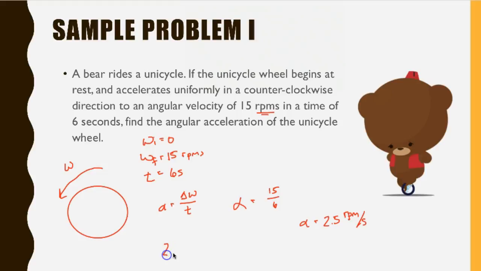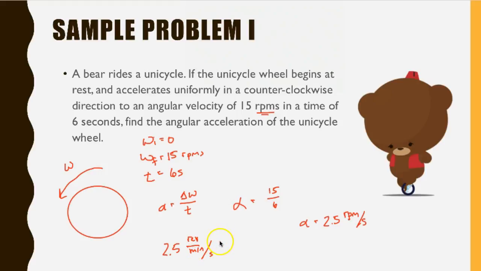So here's how I do that. 2.5 RPM, which is really revolutions per minute per second. So I've already got my per second on the bottom, so I'm good there.